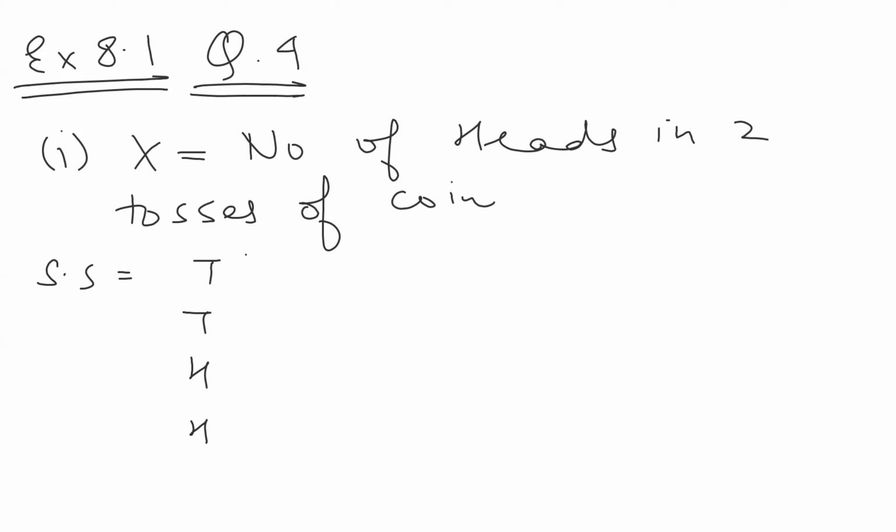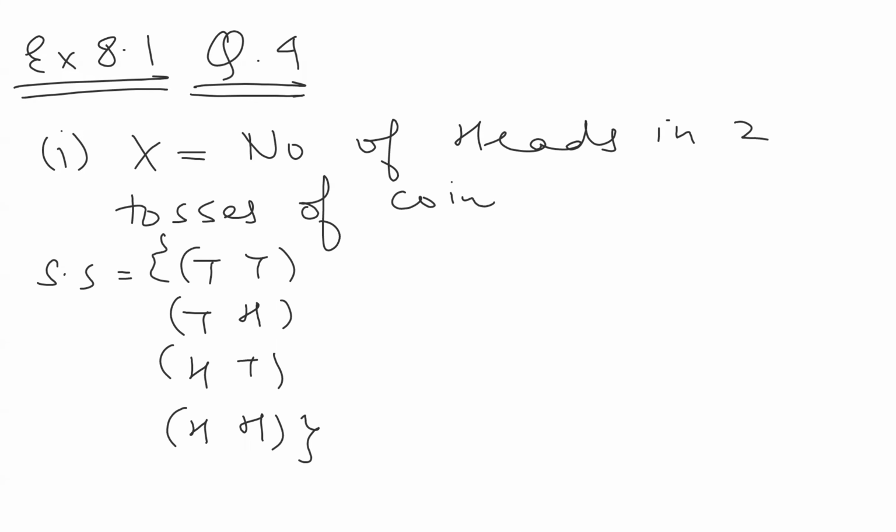TT, HH, TH, HT. This is for 2 tosses, the first toss and the second toss. So there are 4 total events, right? And they are just asking the probability distribution of the number of heads in 2 tosses of a coin.